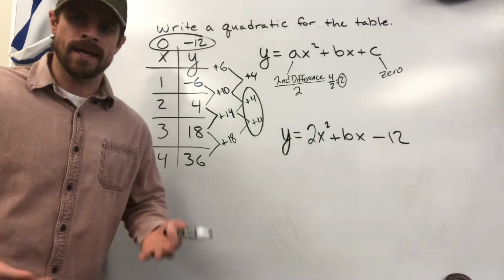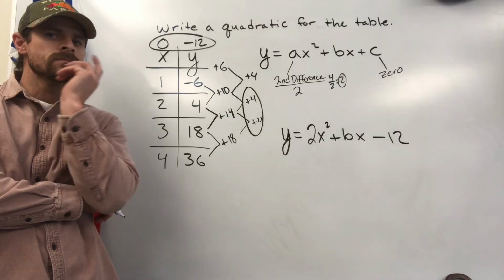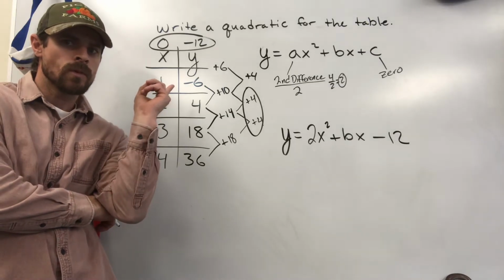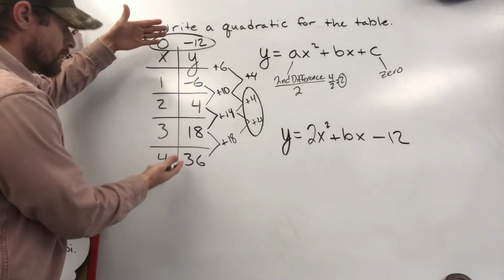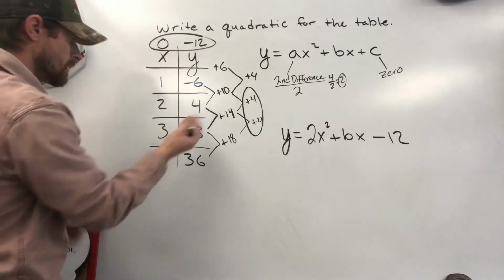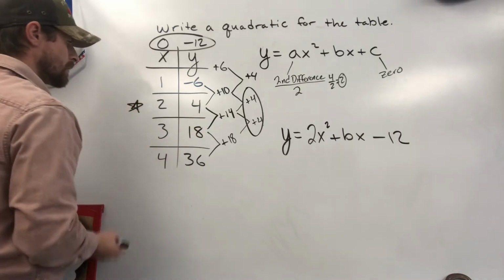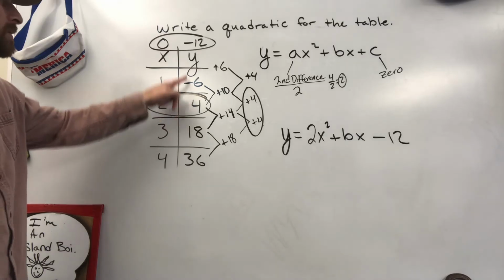Well, where can I get x and y values? Well, I gave you an xy table at the start. Pick one of these, preferably not the 0 term. Pick any of these terms up here. Let's just go with that one right there. We're going to use 2 and 4. 2 is my x, 4 is my y.